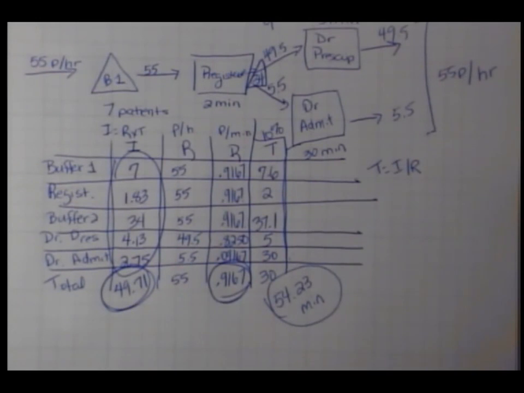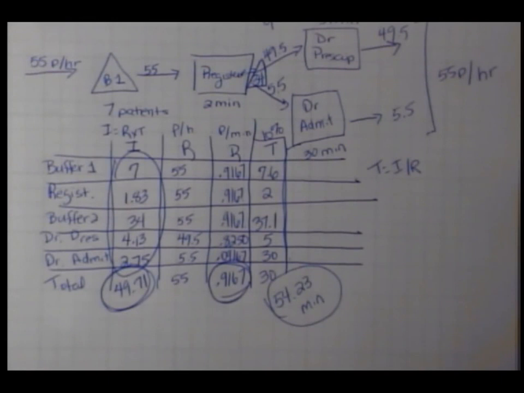So it would be the 4.13 plus 2.75. Okay. On average, how many patients are there in the ER? And so we can just sum up the total inventory to say on average there's 49.71. And the last thing they say is assume that the average inflow rate equals the average outflow rate.